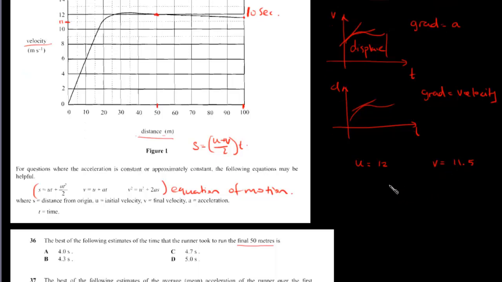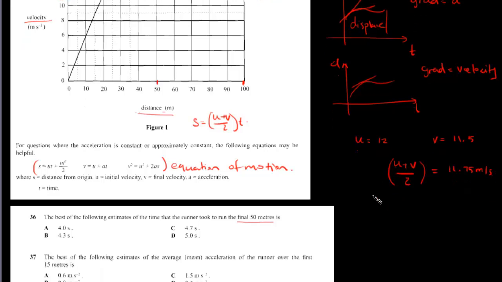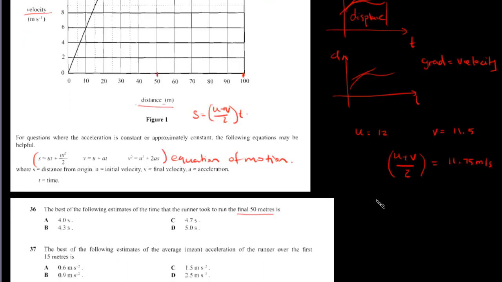So we can think that the average velocity is u plus v over 2, which equals 11.75 meters per second. So the time taken is 50 meters divided by 11.75 meters per second.